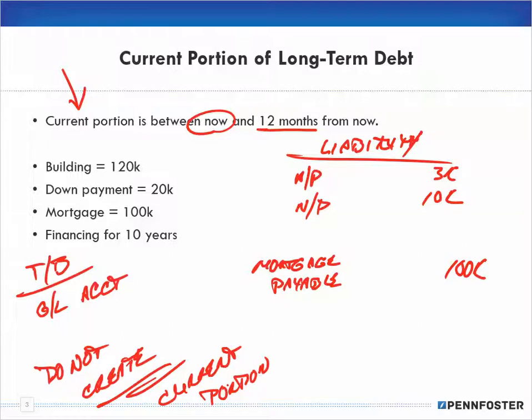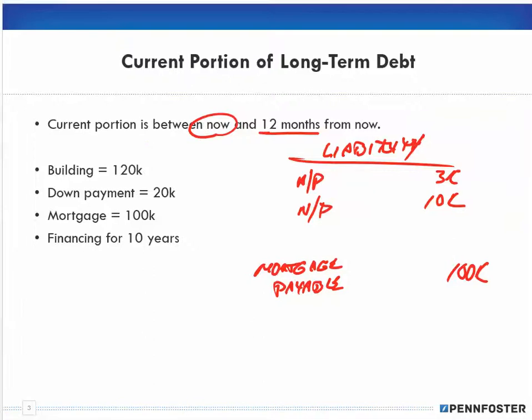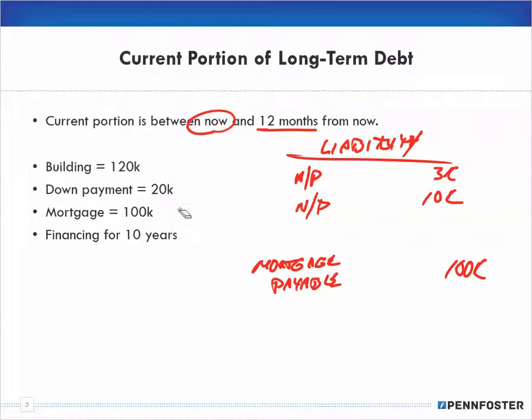What ends up happening is at the end of the accounting period, when we have to close out our books and create our financial statements, we end up rewriting, for lack of a better word, our balance sheet.